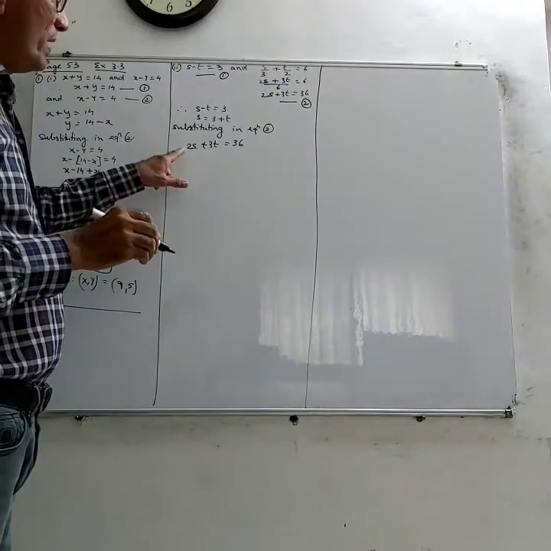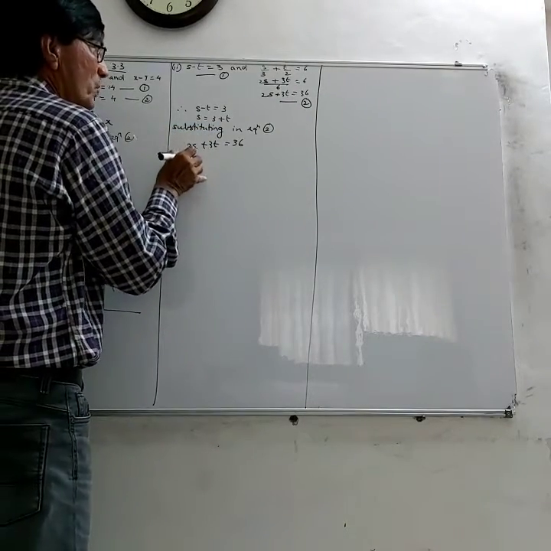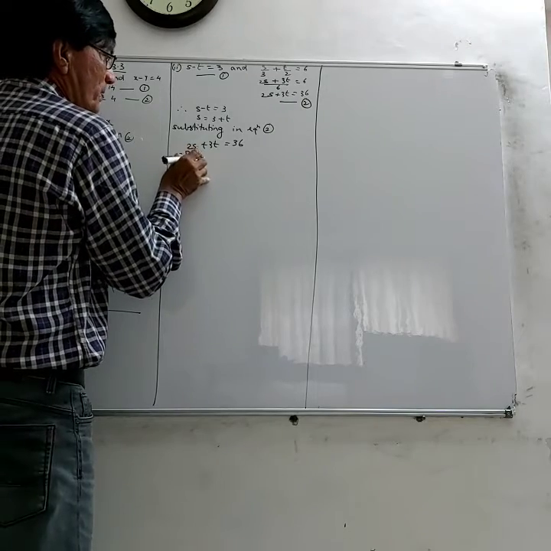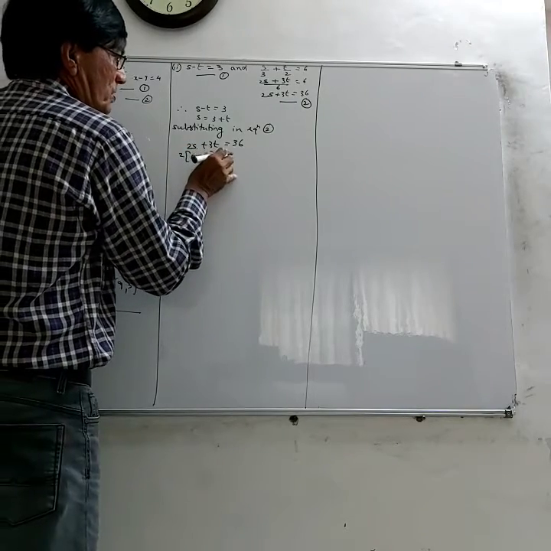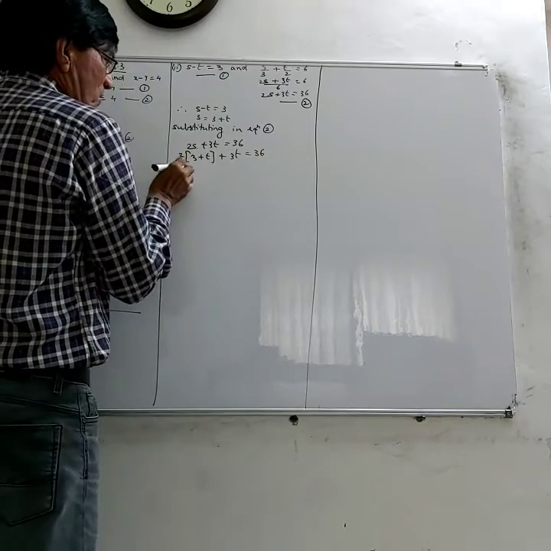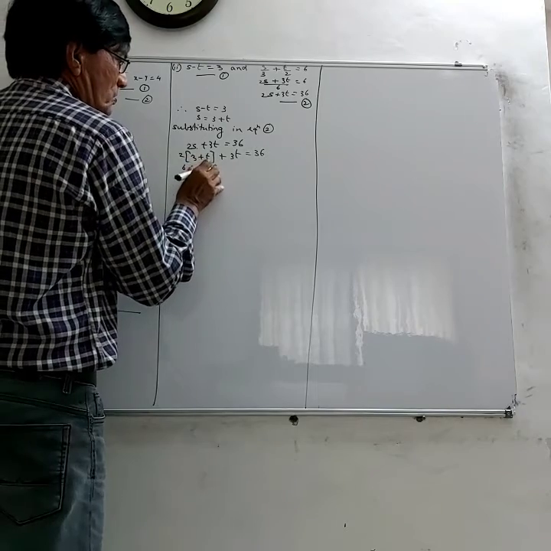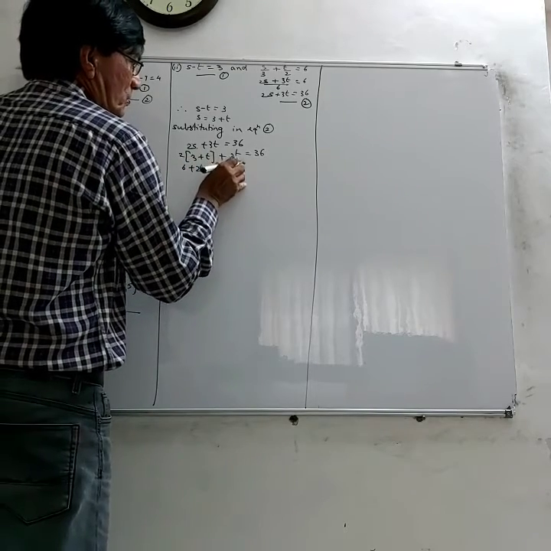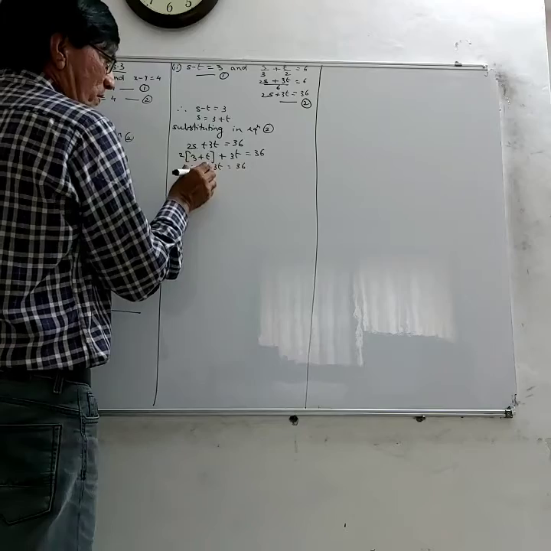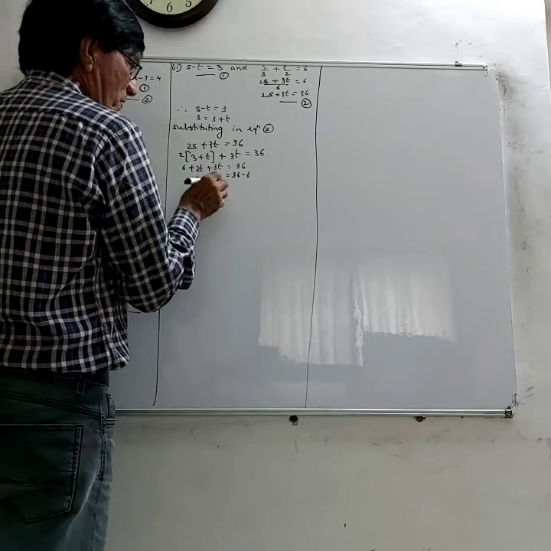Now s is equal to 3 plus t. So 2 into s, s is 3 plus t, plus 3t is equal to 36. 2 threes are 6 plus 2t plus 3t is equal to 36. 2t plus 3t is 5t. 36 minus 6.